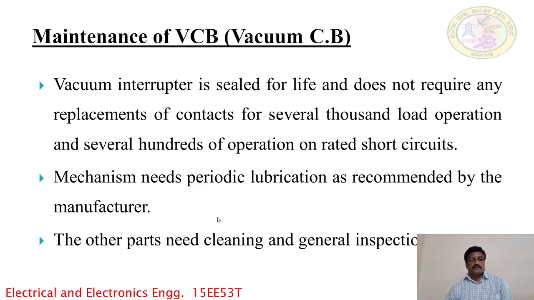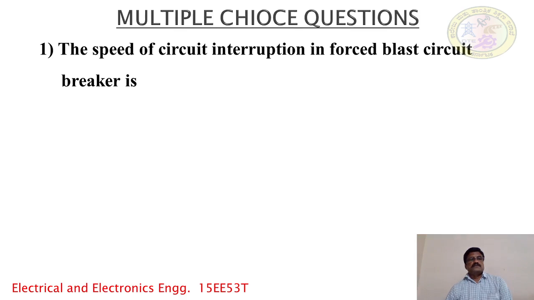So the last one, the other parts need cleaning and general inspection. So the remaining parts should be cleaned for routine scheduled maintenance and finally for general checkups. So these are some important types of circuit breaker maintenance schedule.